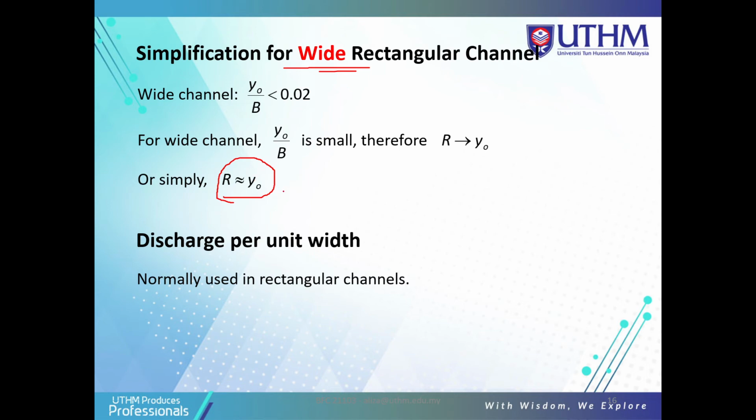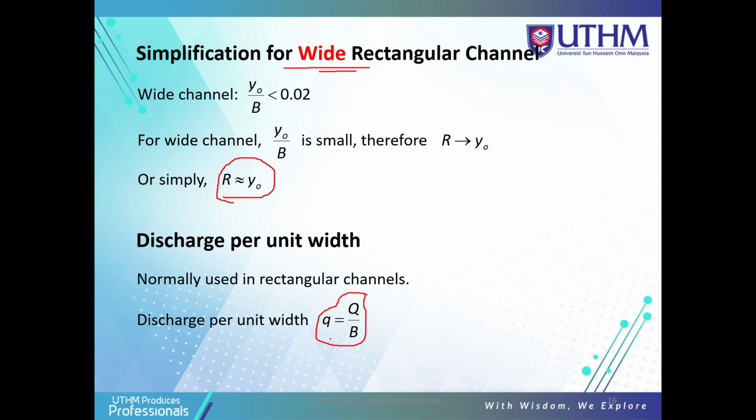Normally this is used only in a rectangular channel, not in trapezoidal, not in triangular, or in a circle. Discharge per unit width: small q is Q over B, where B is the bottom width.